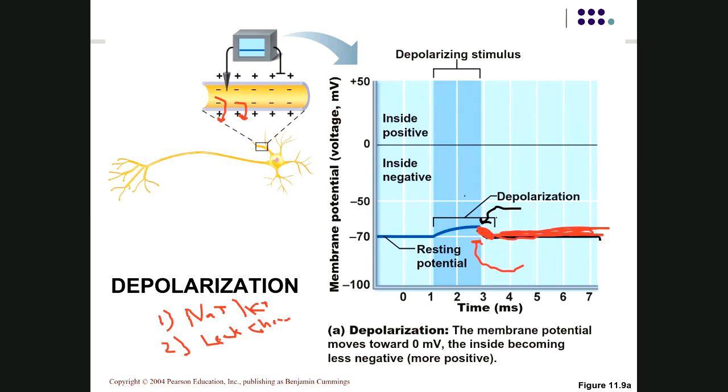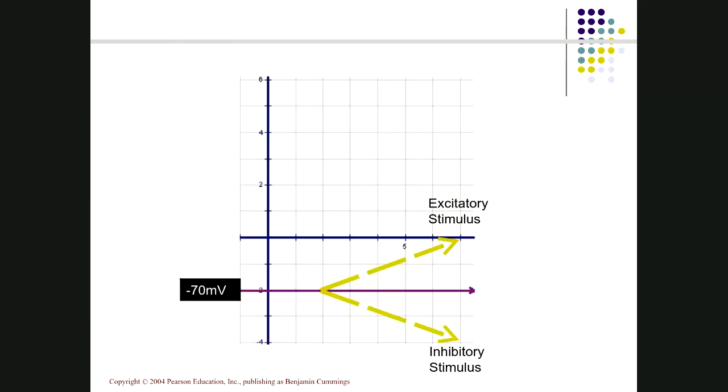So one more time. Remember, if you look at this, here's our stimulus right here. And that stimulus is going to open gated sodium channels. Sodium's going to rush in. It's going to bring a positive ion with it, or positive charge with it.